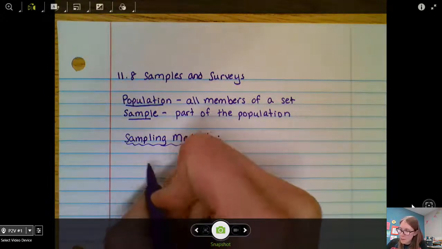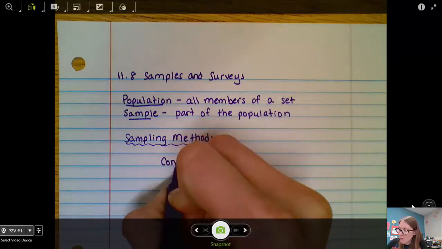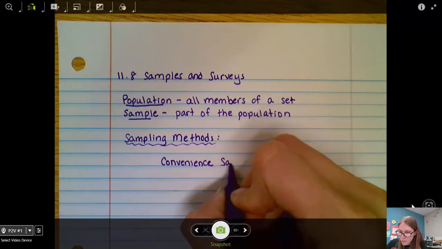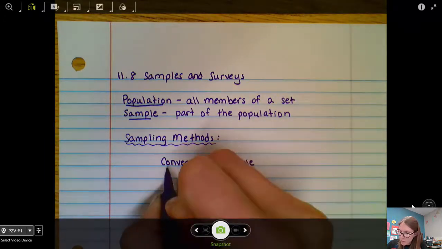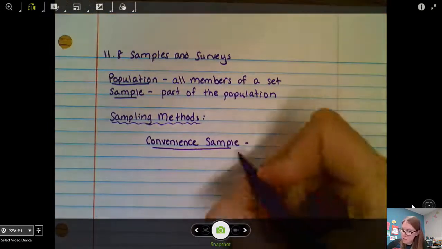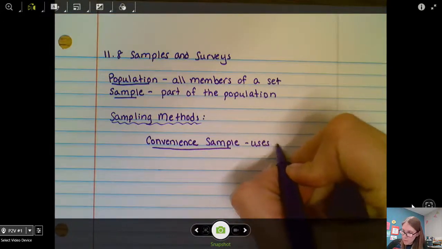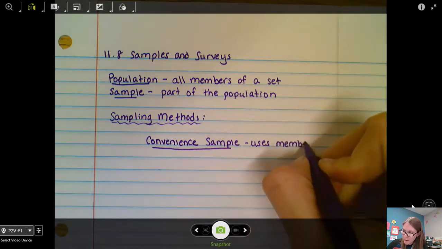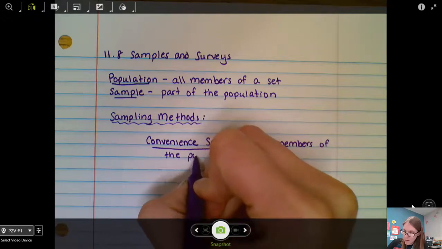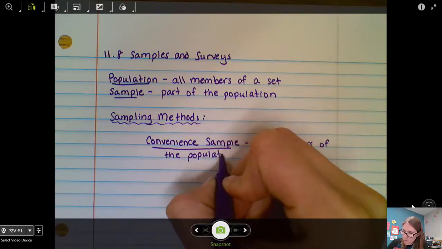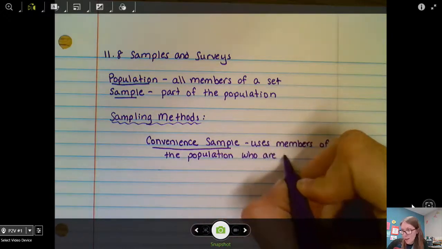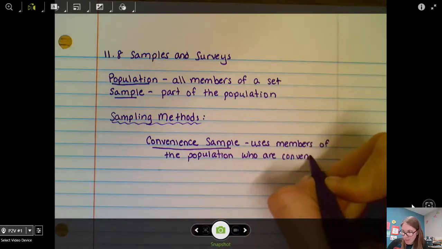Our first sampling method is called a convenience sample. A convenience sample uses members of the population who are convenient.